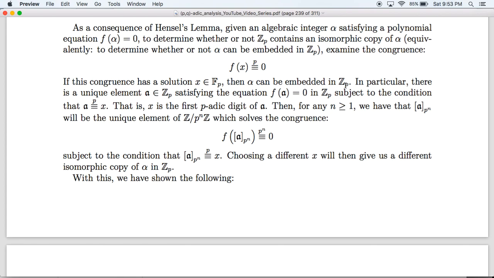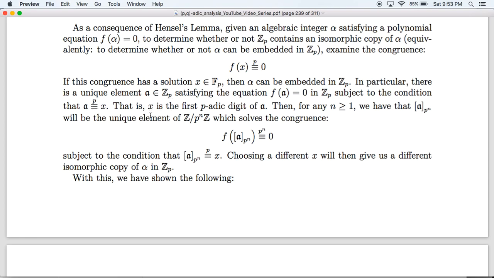And in particular, there's going to be a one-to-one correspondence between solutions of this equation in F_p and solutions of this equation in Z_p. So if we suppose we pick x to satisfy this identity, then there's going to be a unique a in Z_p, which is congruent mod p to x.